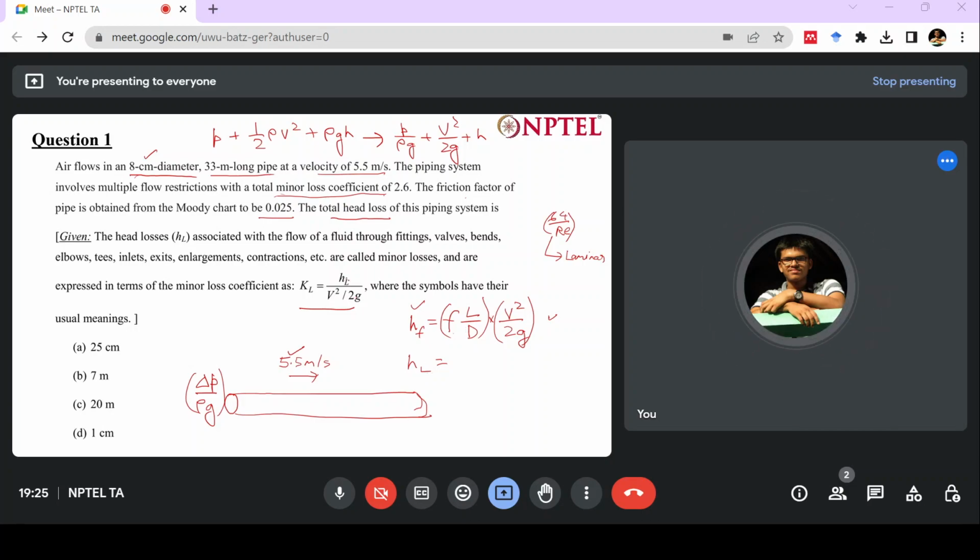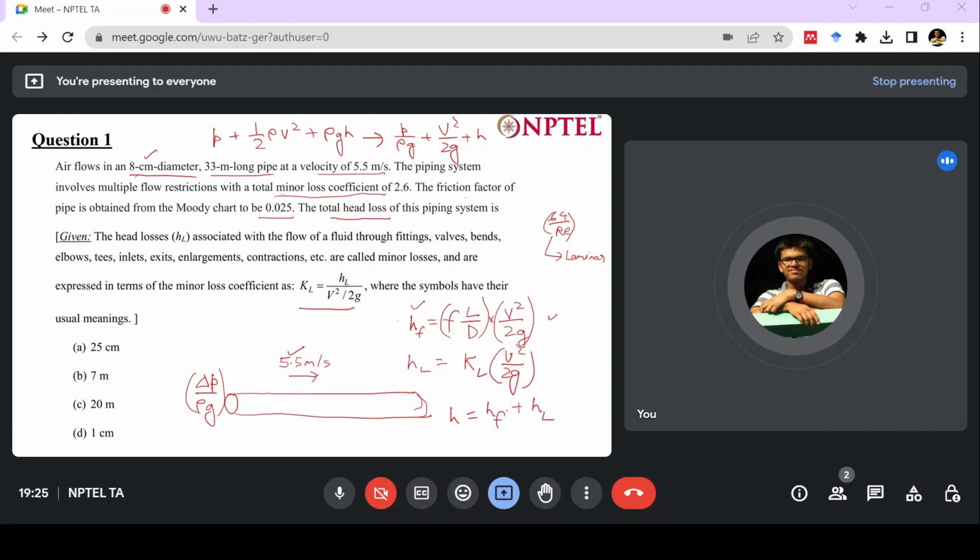The similar thing here for minor losses, we will simply put our coefficient here. The values are given again, so we can calculate both HF and HL. Our total head loss will be simply the sum.